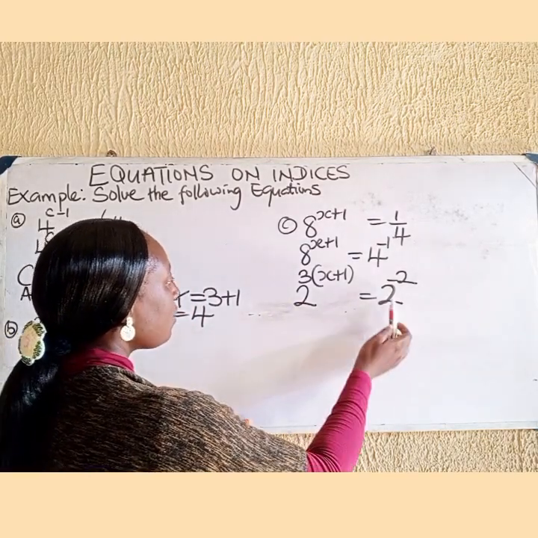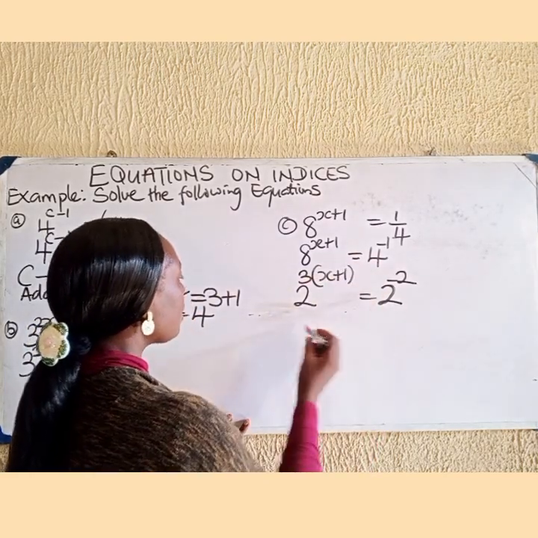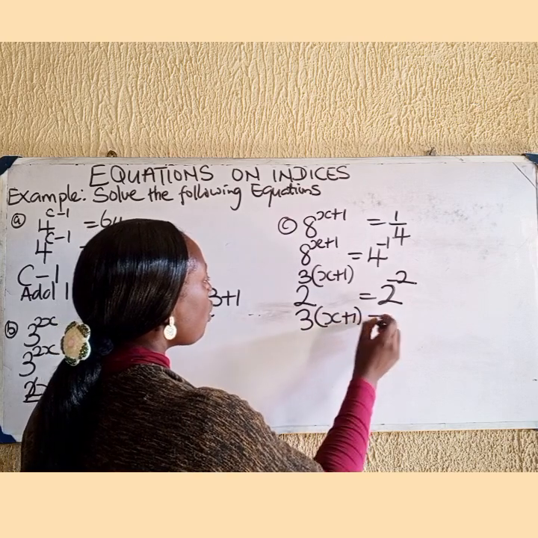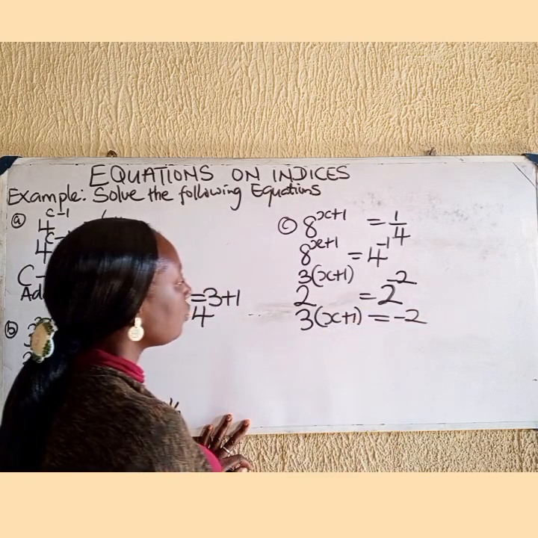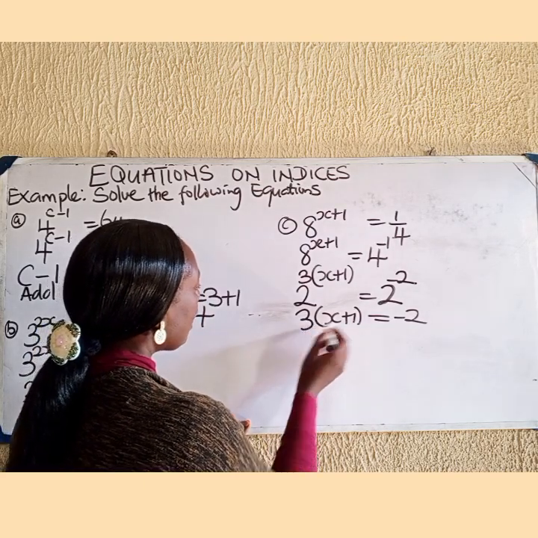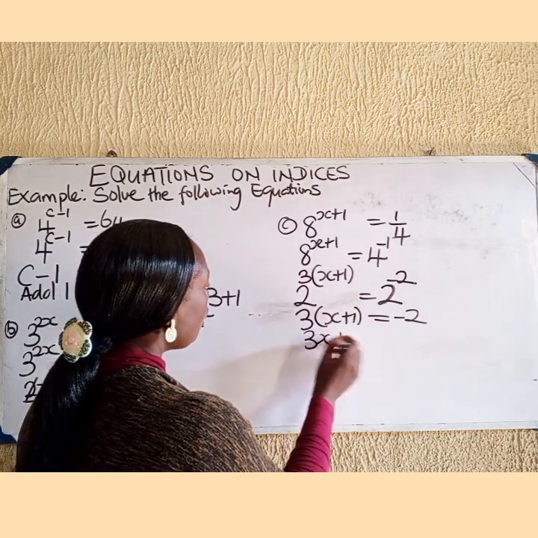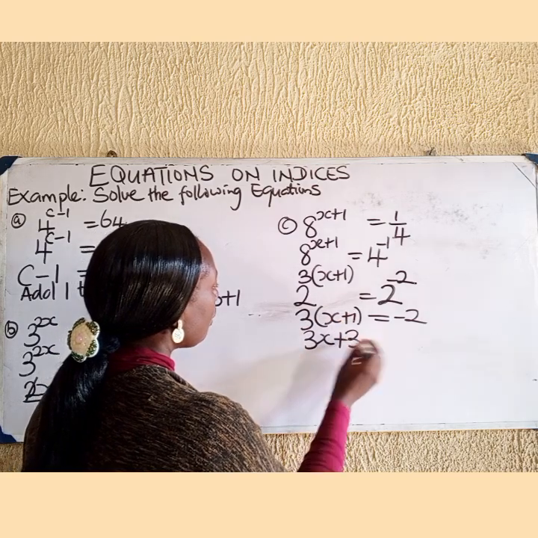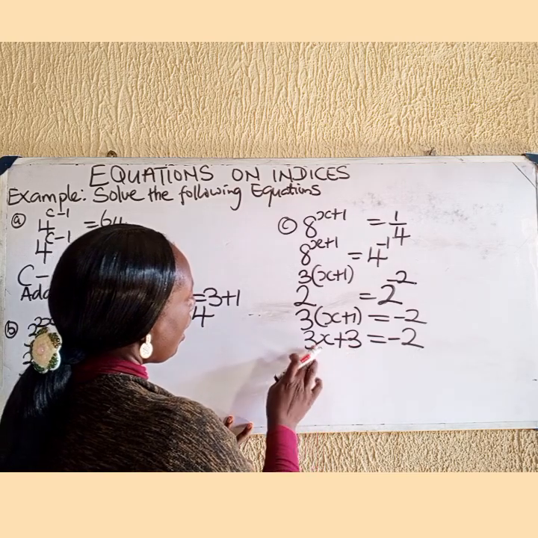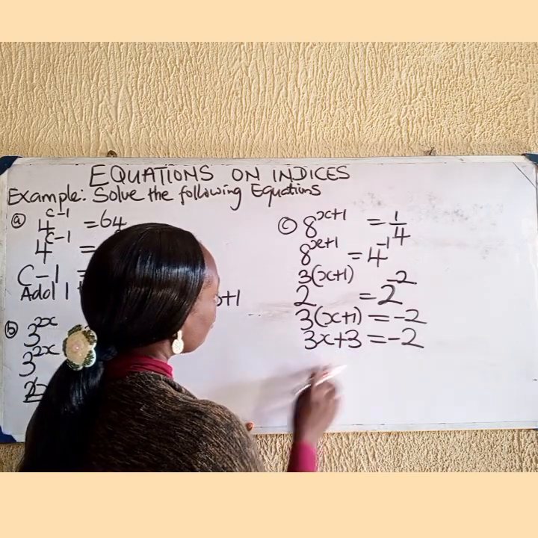So once they have the same base, equate their powers. So I'll have 3 into x plus 1 equal to minus 2. Now I'll open the bracket. So I'll say 3 times x, 3x, plus 3 times 1, 3, which is equal to minus 2. I have 3x plus 3 equal to minus 2.